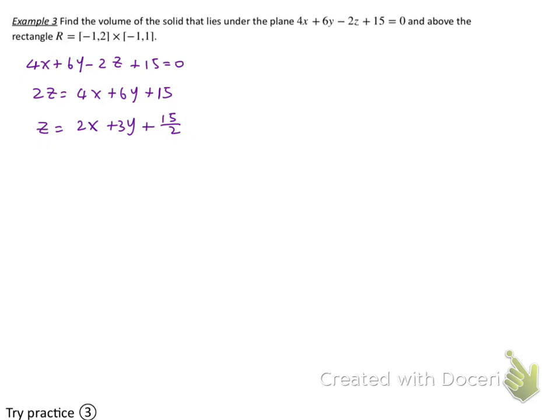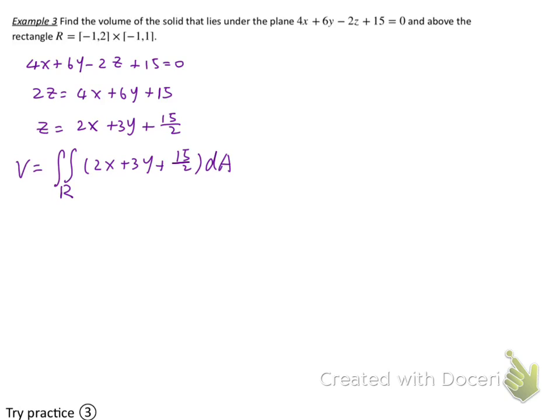Then you are going to do the integral. The integral will just be over R, and inside you have 2x plus 3y plus 15 over 2 dA.